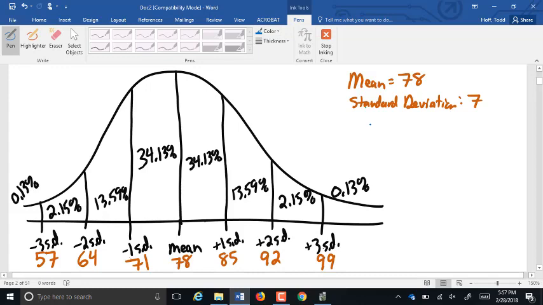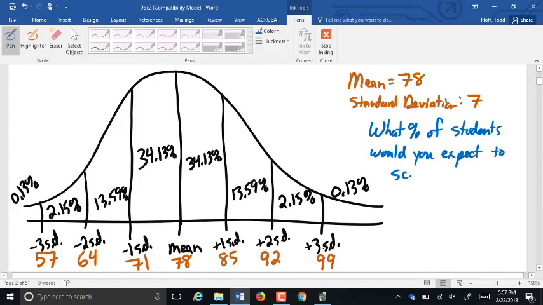So if I ask, what percent of students would you expect to score between 71 and 92?